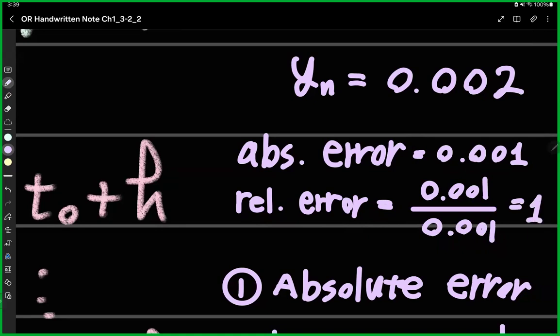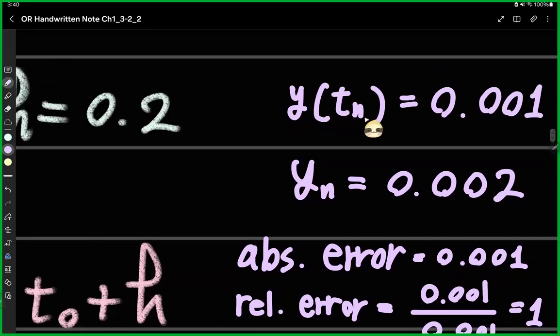We divide the absolute error by the magnitude of the exact solution. Why did we get 0.001 as the absolute error? Because y of t sub 1 is small already.